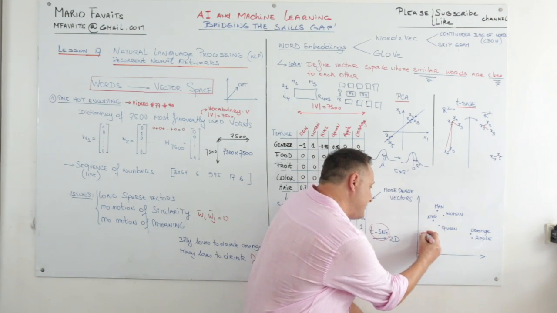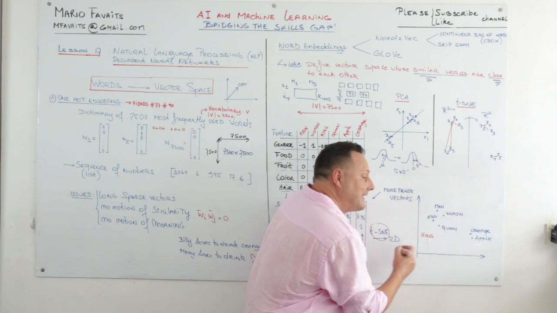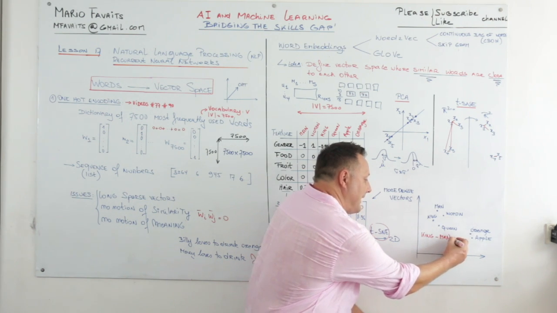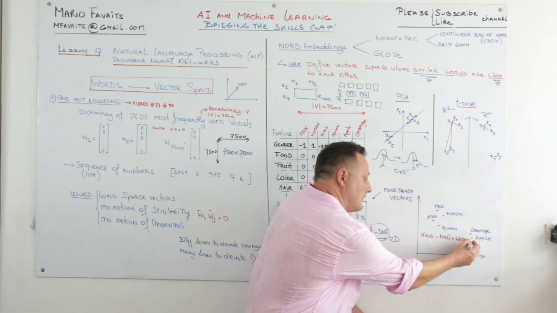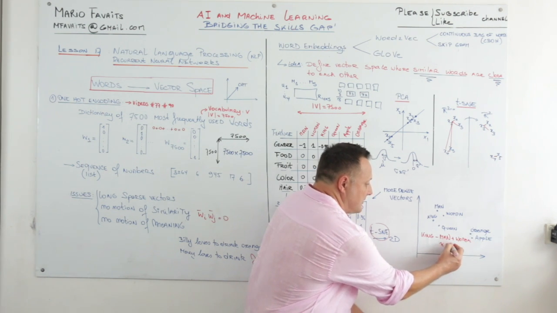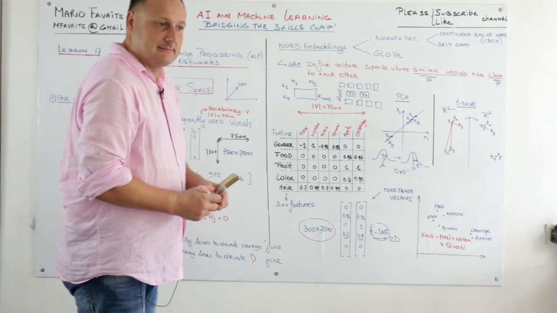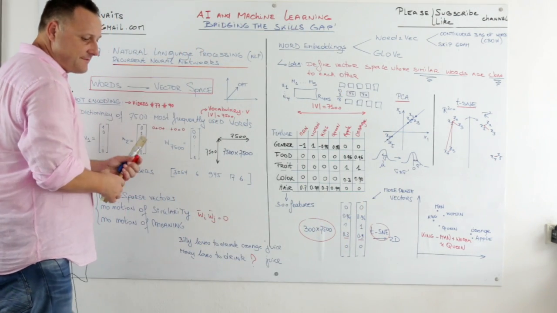Even more, if you take the king vector, subtract the man vector, and add the woman vector, then you will see that you end up with queen, geometrically. So this is quite fantastic.